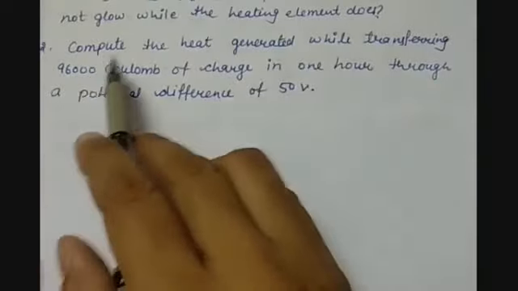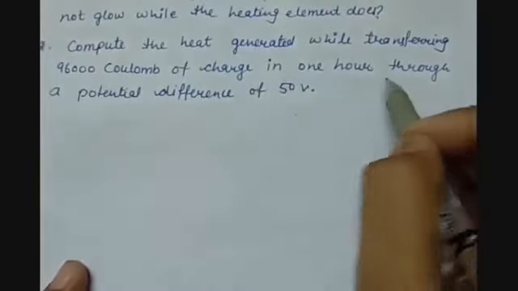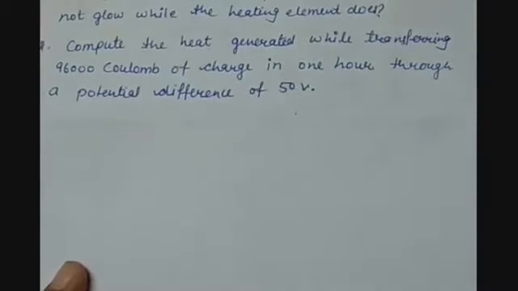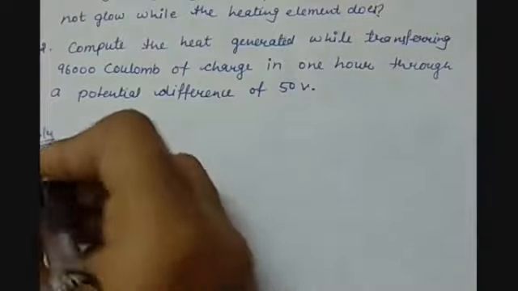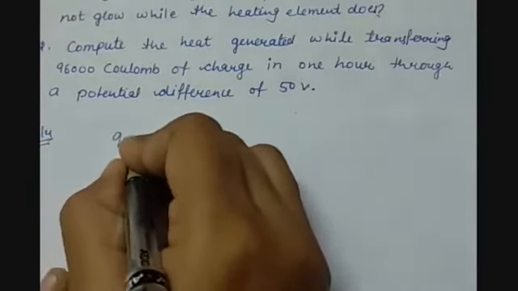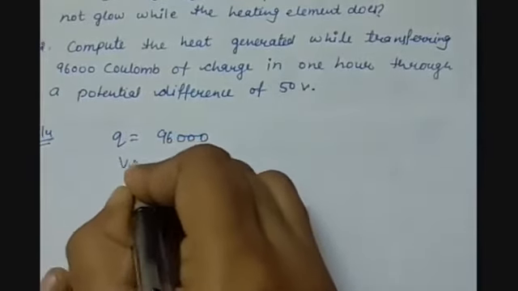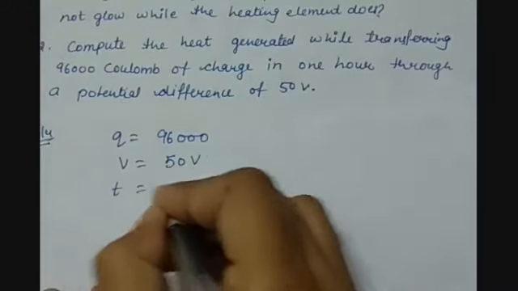Question number 2 is, compute the heat generated while transferring 96,000 coulomb of charge in 1 hour through a potential difference of 50 volts. So let us see the solution. Here in the question we have been provided with Q as 96,000, potential difference as 50 volt, and time given is 1 hour.